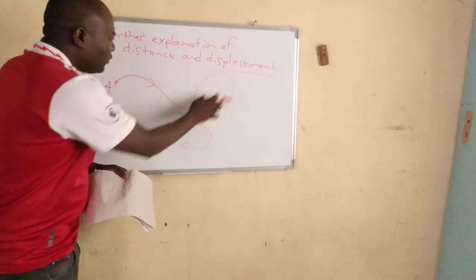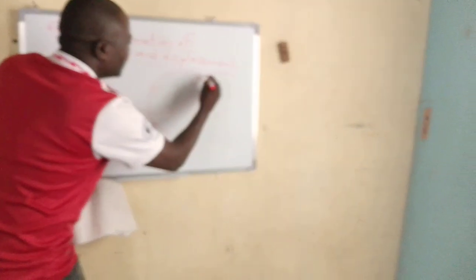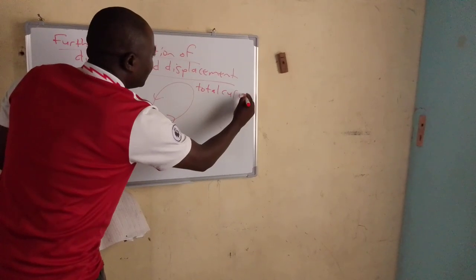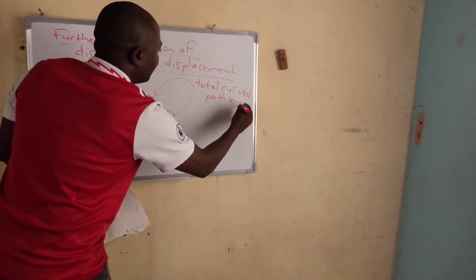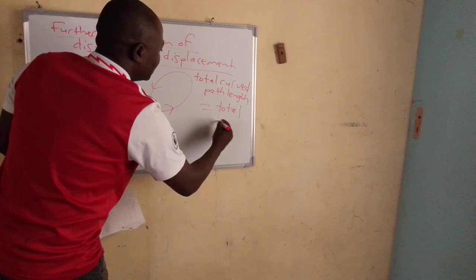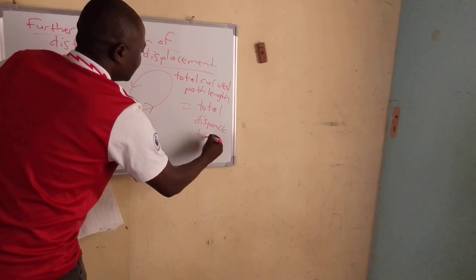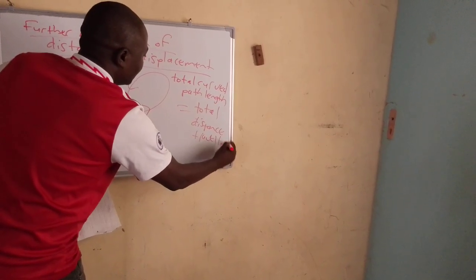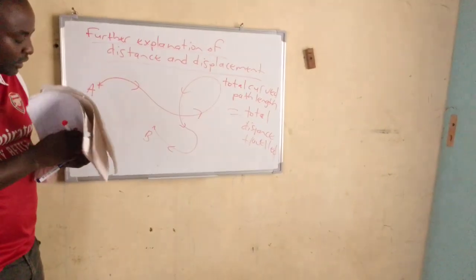So the total curved path length is the distance traveled. Simple.